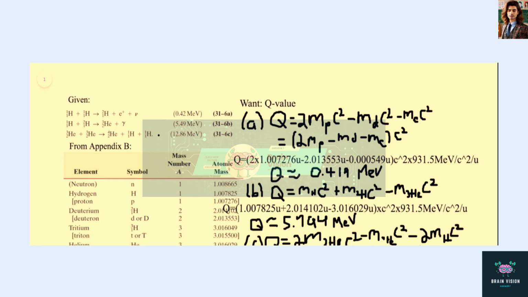Let's fill in the values with Appendix B. I'm just going to, hopefully you don't get confused, enter them here, just for the sake of visibility up above.